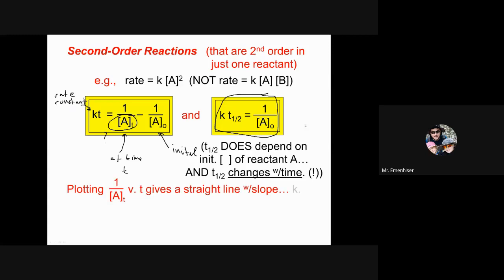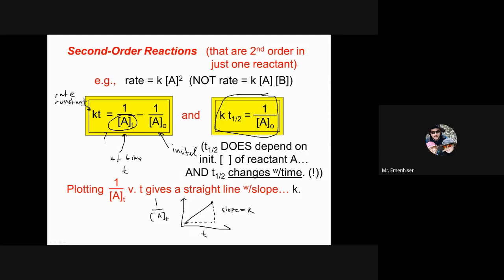Okay. All right, now, if we plot a graph where 1 over the concentration of A at time t, so 1 over the concentration of our reactant, if we plot a graph like this, we get a straight line with slope equal to K. All right, and so the slope of that, the rise over the run, the slope equals K. It's a positive slope.